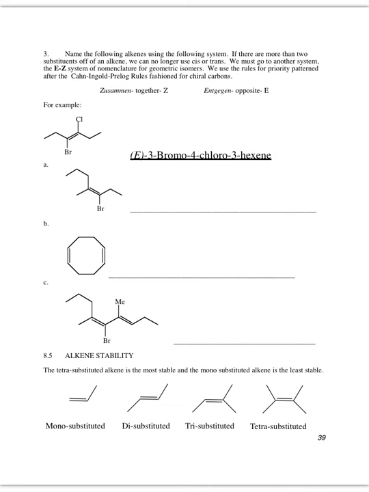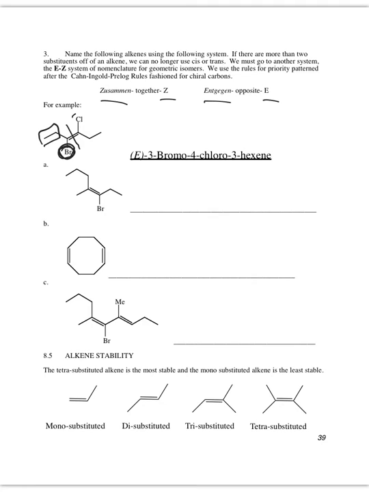If we don't have a hydrogen on each side of the double bond, we need to use E or Z, and Z is for zusammen, or same side, and E is for entgegen, or opposite sides, and we have to figure out what the highest priority group is on each end of the double bond. So for example, on this one, bromine versus ethyl, the bromine is the higher priority.